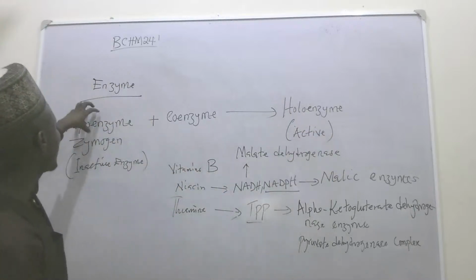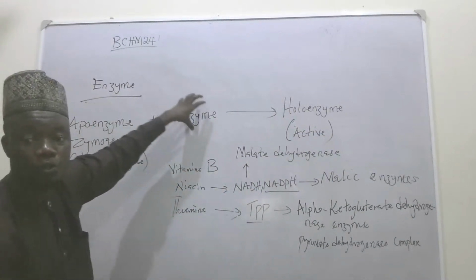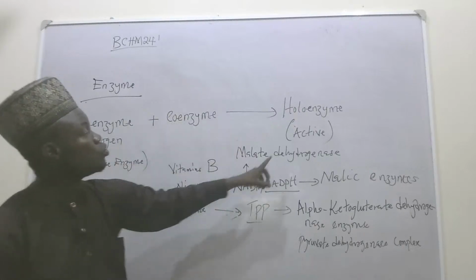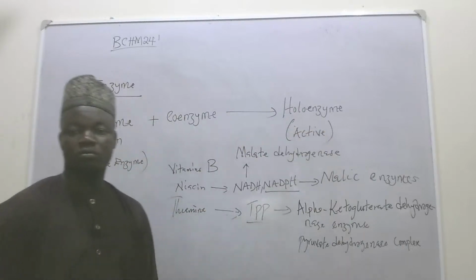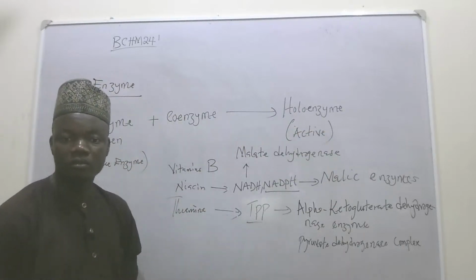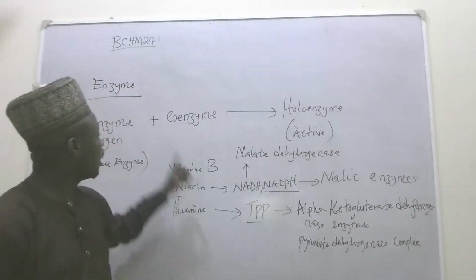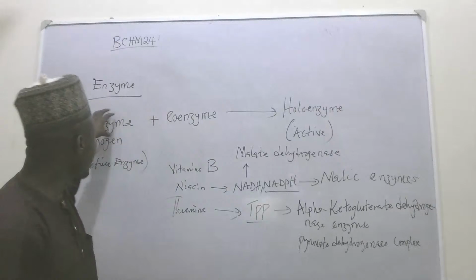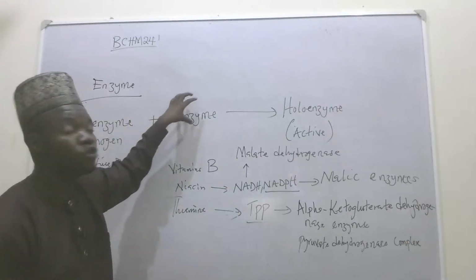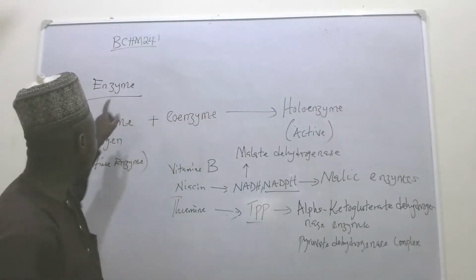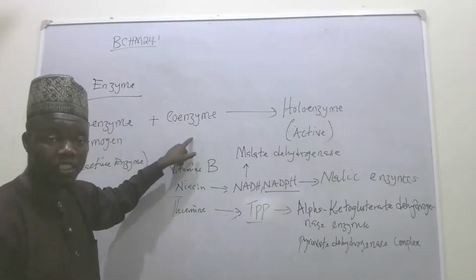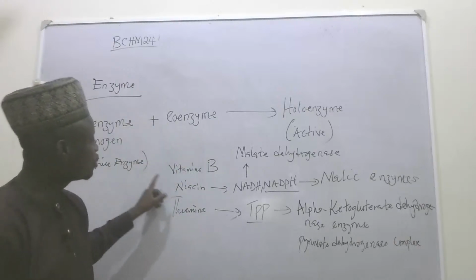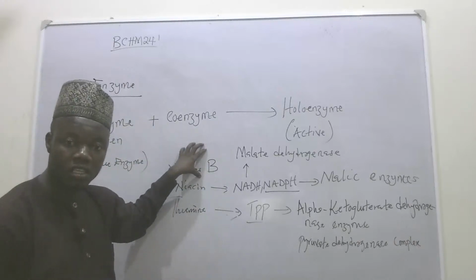So when you have inactive enzyme, apoenzyme plus coenzyme, that will give you holoenzyme. Coenzymes are molecules required by apoenzymes for them to be active. And examples of the coenzymes required by the enzymes, we have vitamin B.